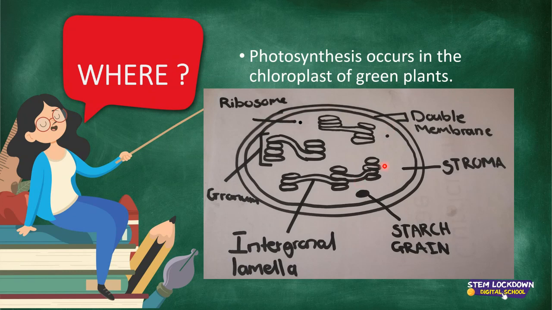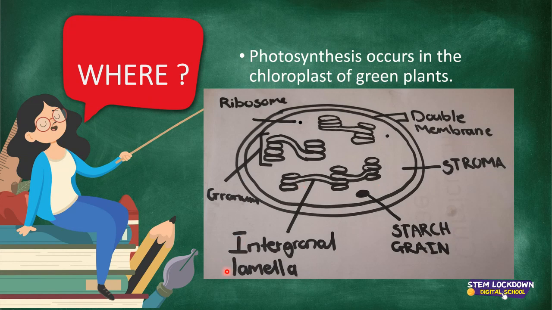We have the stroma, which is, you could say, the vacant space of the chloroplast. We have your starch granule. Usually in diagrams, it's not colored in. So in order for you to be able to recognize the starch grain, you will find it as just a circle or an oval, which is not colored in, okay?